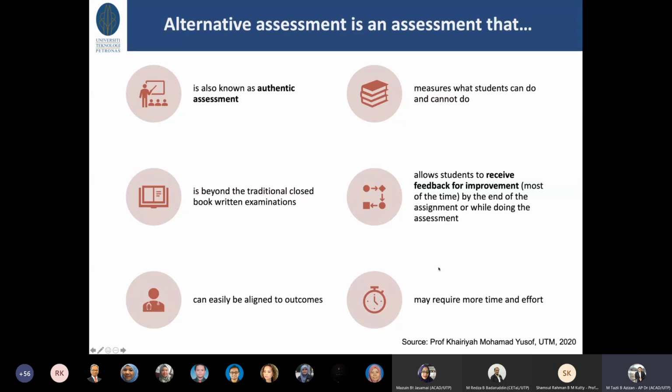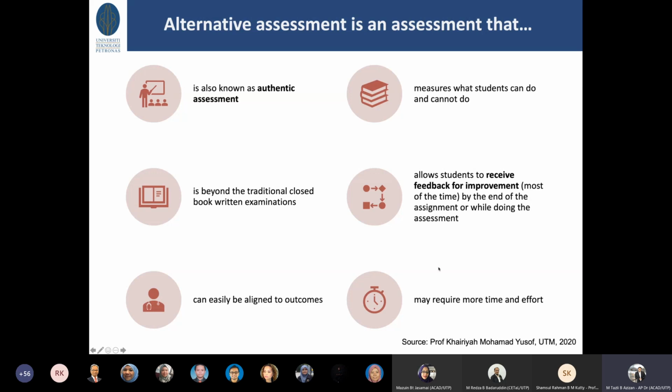I think this is the thing that I actually like about this alternative assessment, because whenever you give an assessment, it's not just to measure of learning, but I use this assessment as learning, which means that throughout them doing the assessments, they're also learning something.